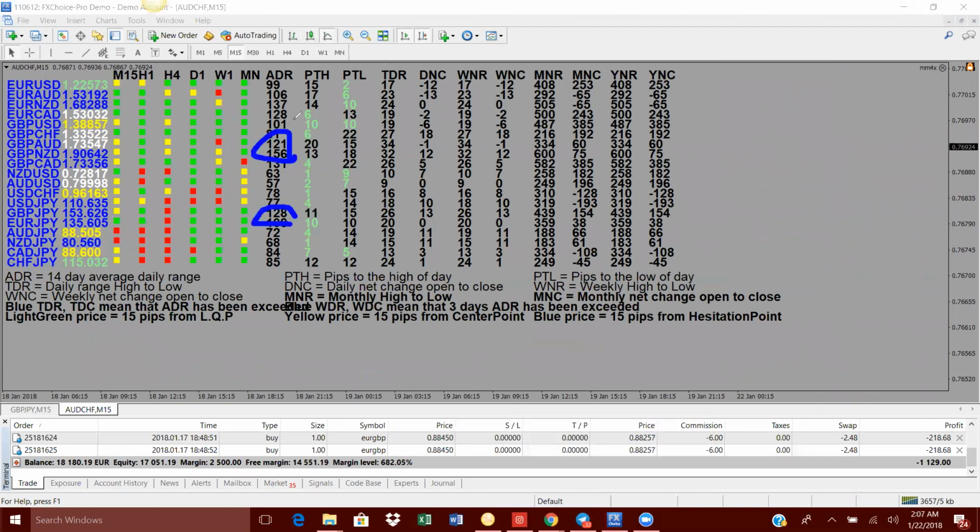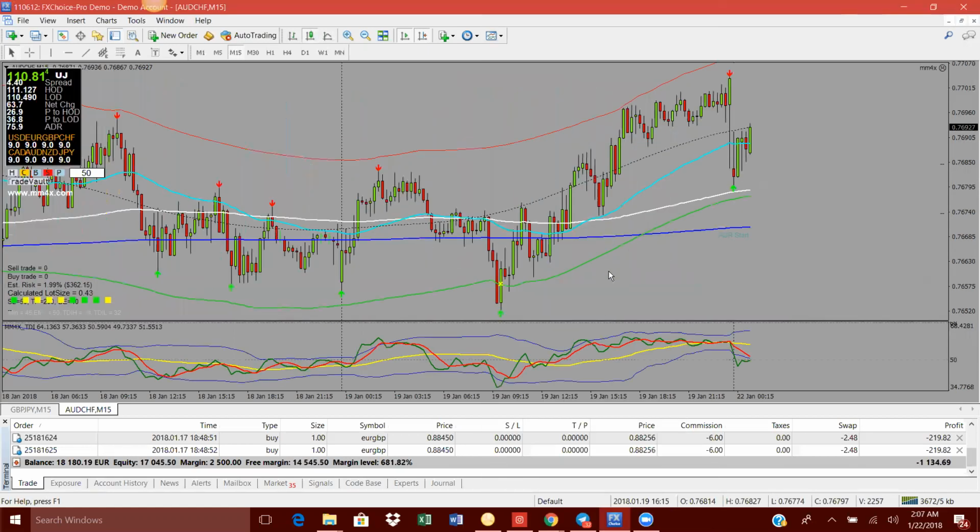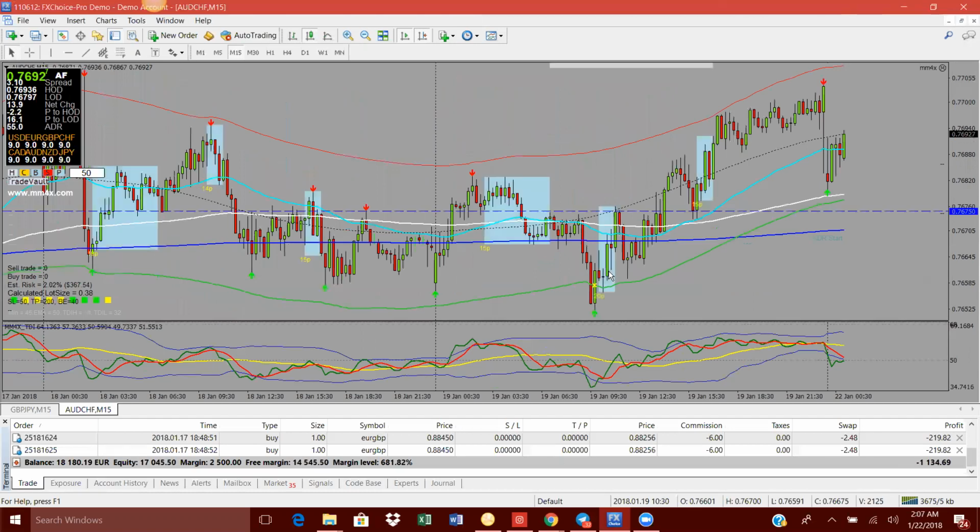These pairs, that's the pair to trade, right? So GBP CHF is going up. You can trade also that, GBP CHF.